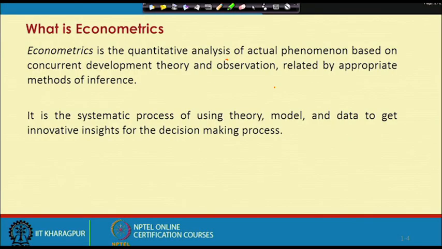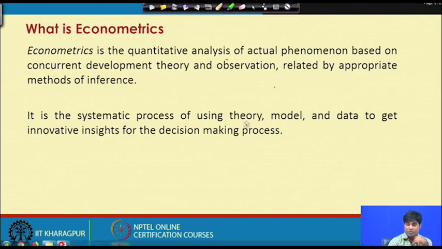Altogether, econometrics is the systematic process of using theory, a model, and then data, to get innovative insights for the decision making process.